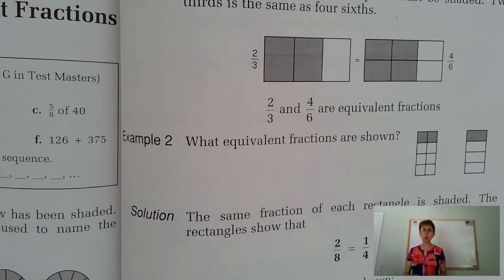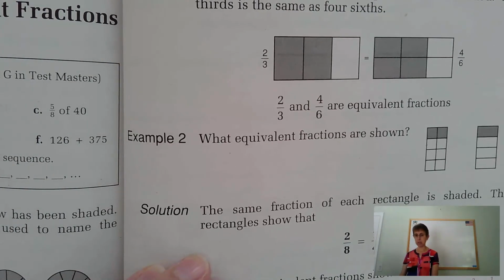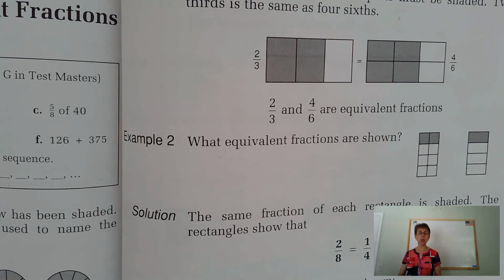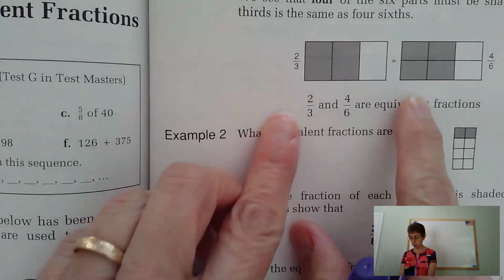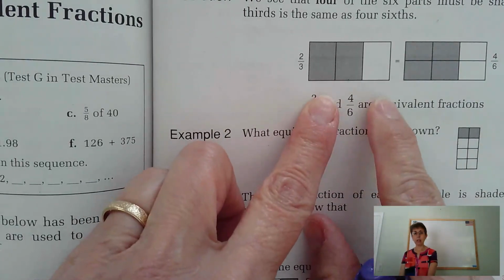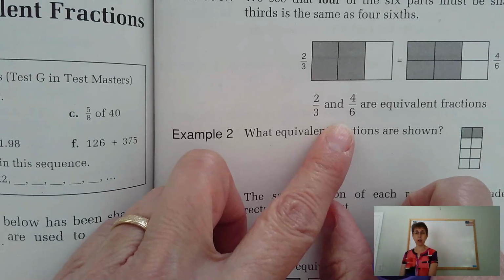So if you're drawing a square, a rectangle, or a circle, it doesn't matter. What matters is that they are both the same size. You must make sure they are the same size and same figures so that you can very easily show that overall you have the same size figure, and it's easy to compare the number of parts that you have.